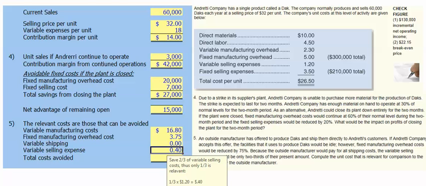So the total cost that we could avoid if we purchased the DACs from an outside supplier would be $20.95. This is the maximum price we should be willing to pay to purchase DACs from an outside supplier. Anything more than this, we should continue to make them internally. Anything less than this, it makes sense to purchase them from the outside supplier.